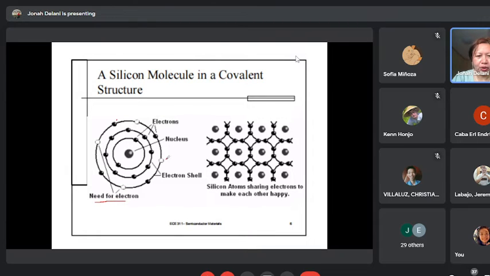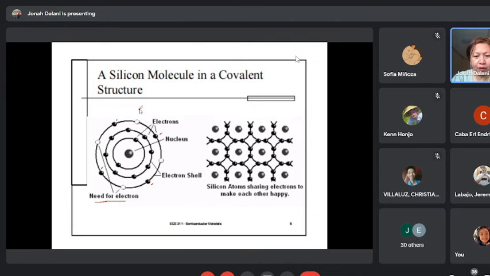So the valence electrons are these: 1, 2, 3, 4. This is just one atom of silicon.